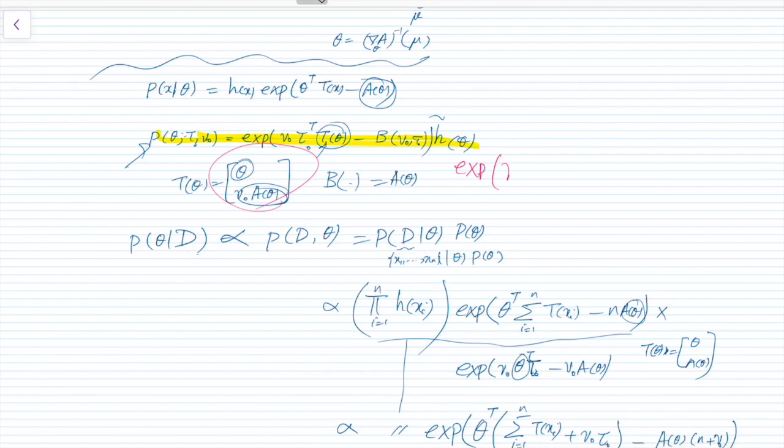So the form of that is theta transpose tau 0, which is the parameter of the prior, and I'm assuming that A is also part of the sufficient statistic.